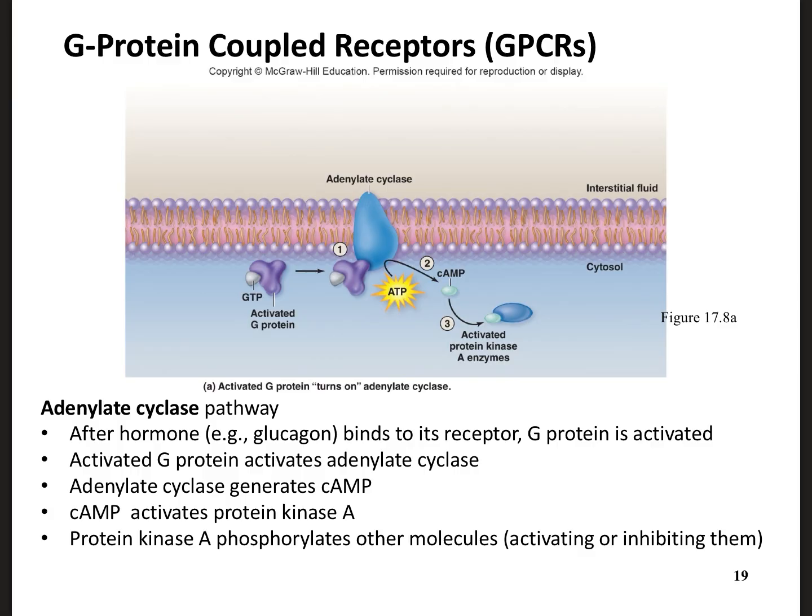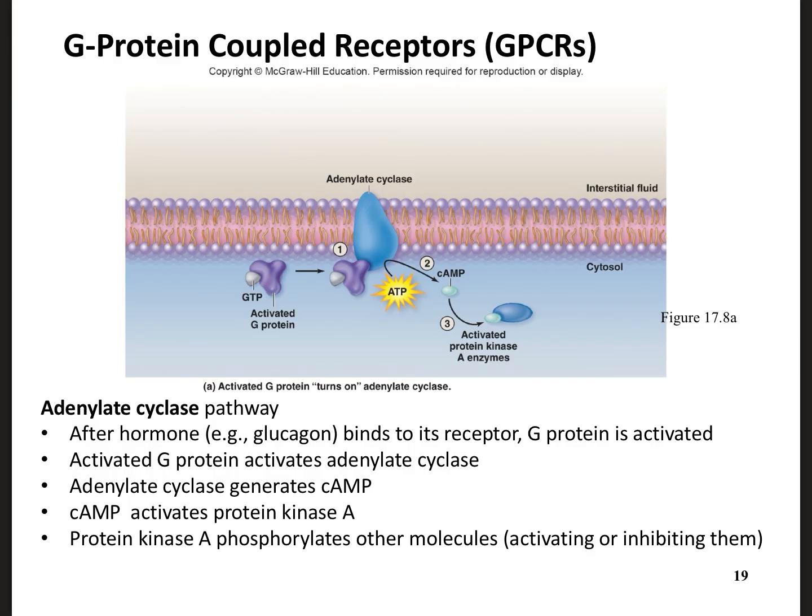What did I say cyclic AMP was? That was a second messenger. Okay? So a water-soluble hormone will bind to a receptor and trigger intracellular activity through the action of a second messenger. Okay?